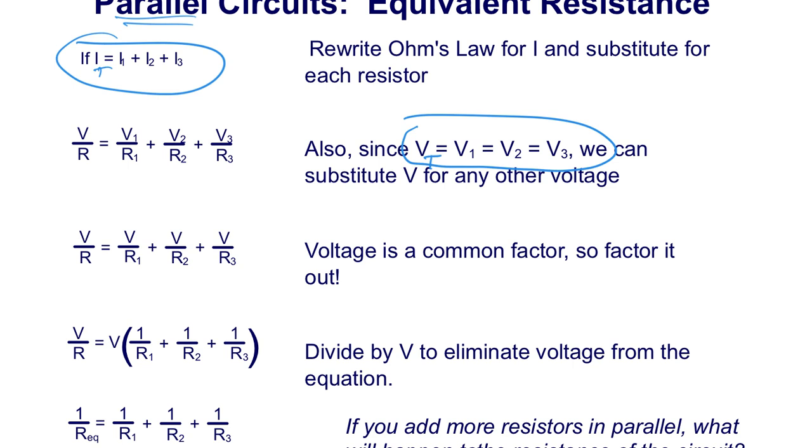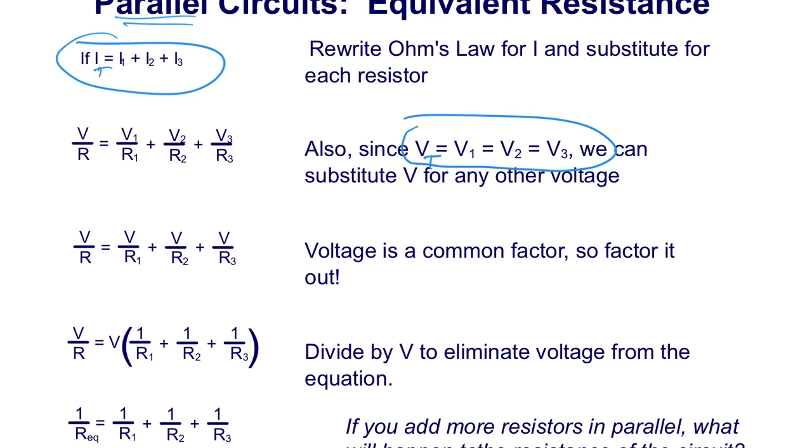If you have three resistors in parallel, the voltage will be the same across each one of those, and they'll equal the total voltage across the whole branch, or the total voltage of the battery.